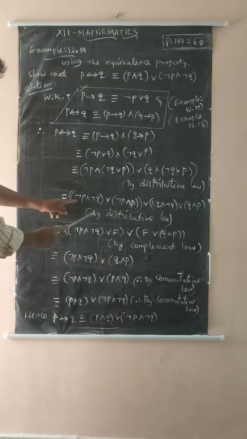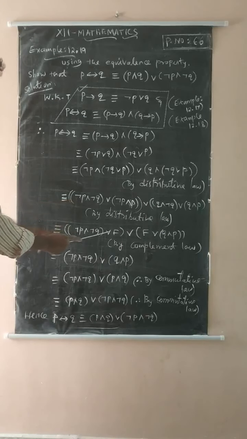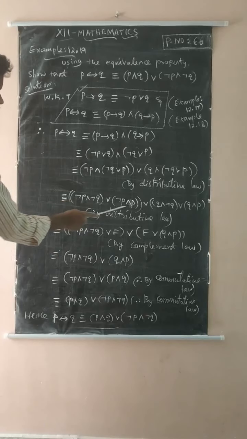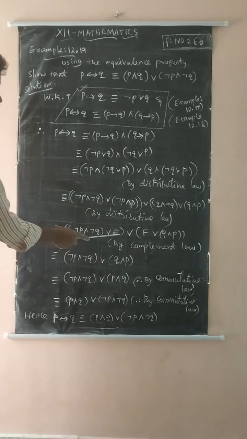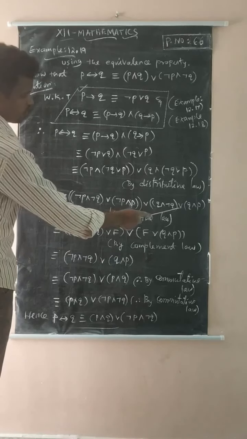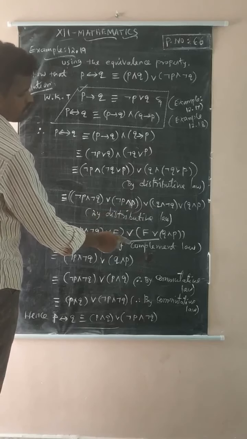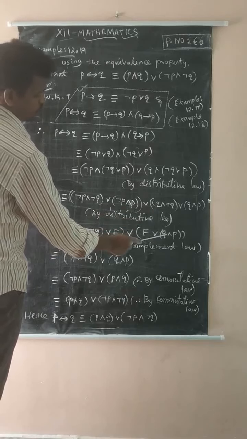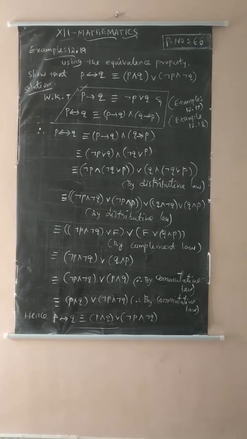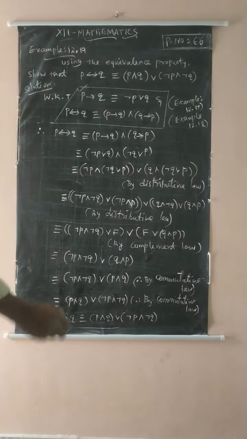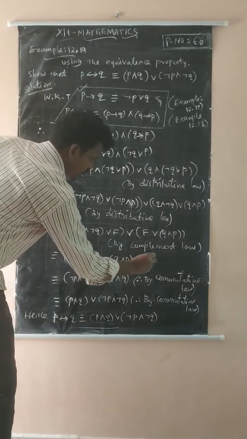Next, negation P and P, by the complement law, is false, and Q and negation Q is also false. Or Q and P. By the identity law, what is the result?